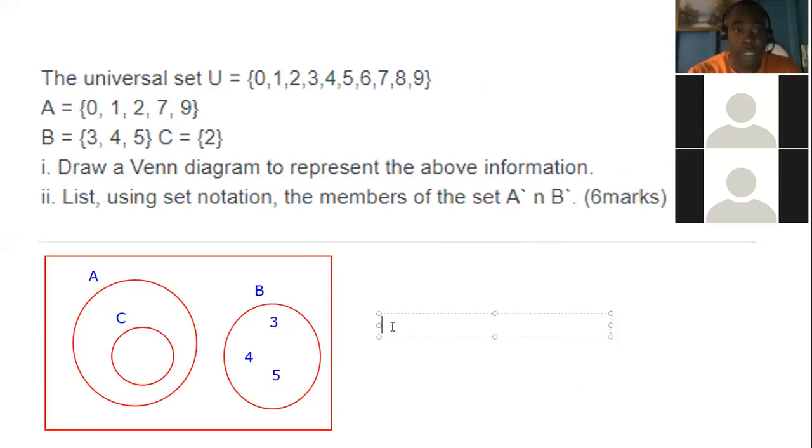And then let's put C as 2. And then A now will have 0. And then 1. And of course, we will not put 2 because 2 is already there. We have 7. And then we'll have 9.